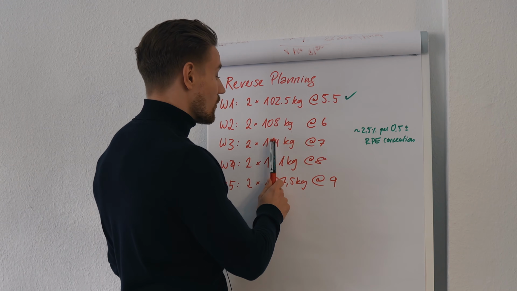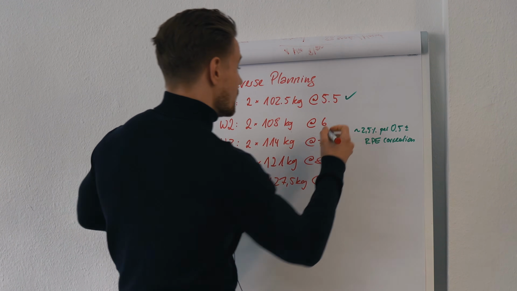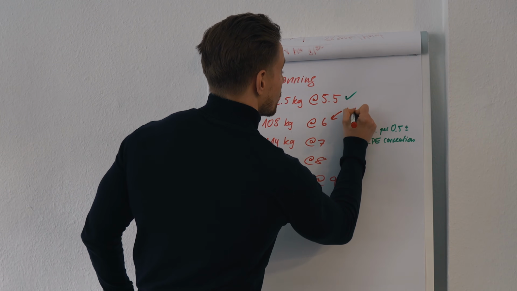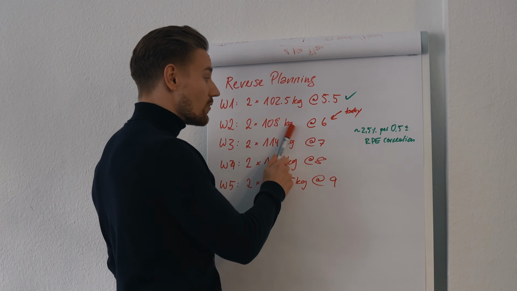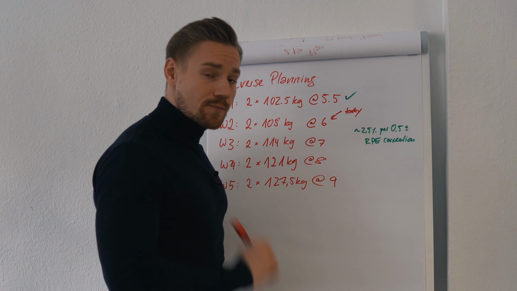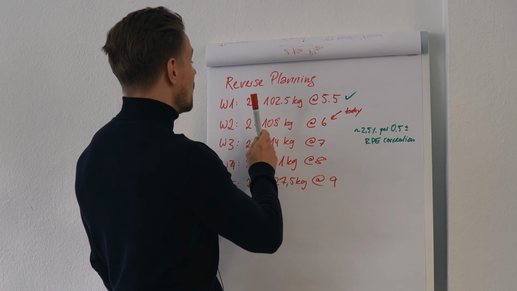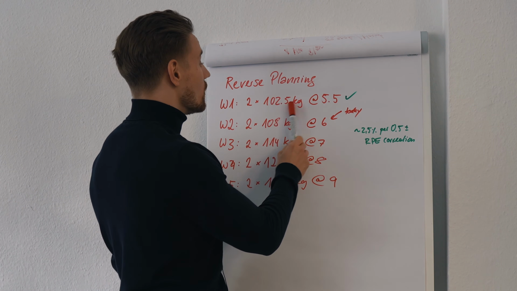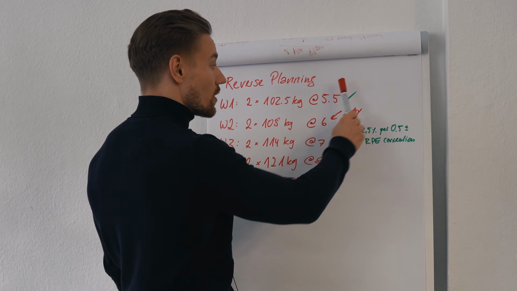Before that I need a double at 114 kg, roughly at a 7. This here is today: I need a double on 108 kilo at an estimated RPE of 6. And week 1, which was last week, I needed to hit a double on 102.5 at an RPE of roughly 5.5. And that worked out.